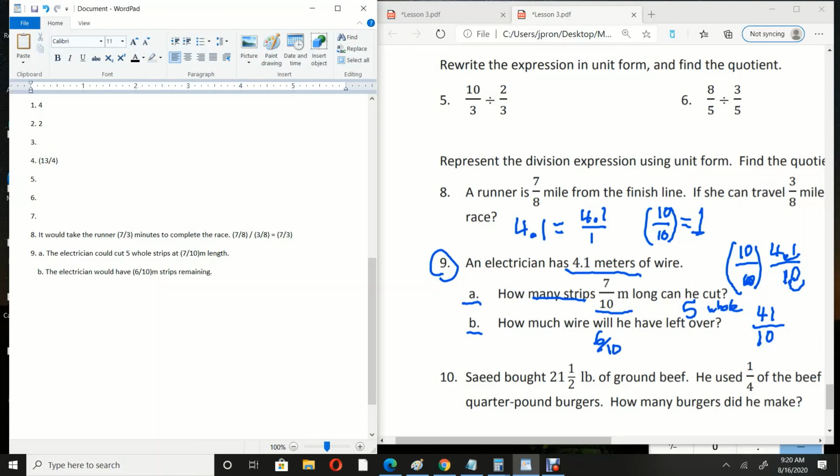So this would be a 5-point response right here, okay? And so look at that. Look, you have two 5-point responses right here that you can use in your own work. Great. And so that's all 10 possible points.